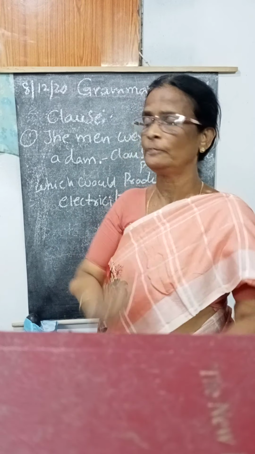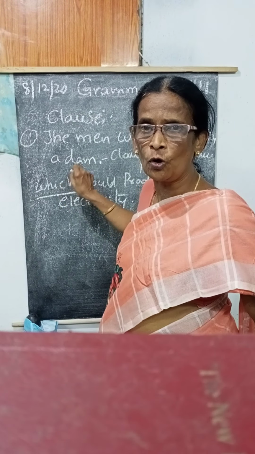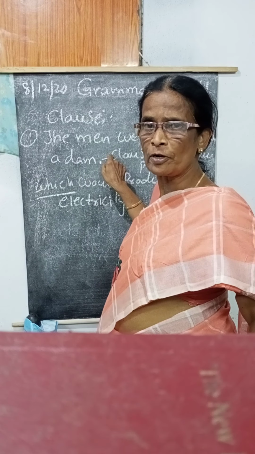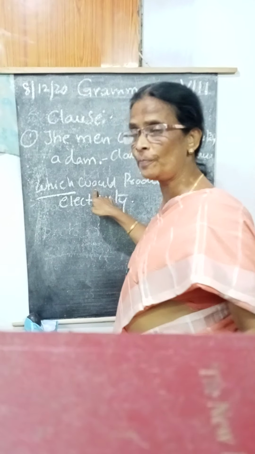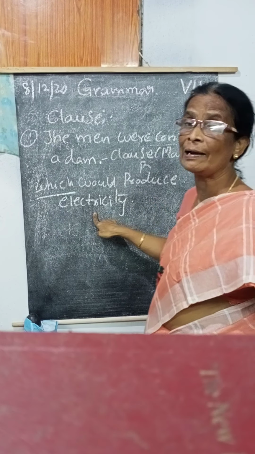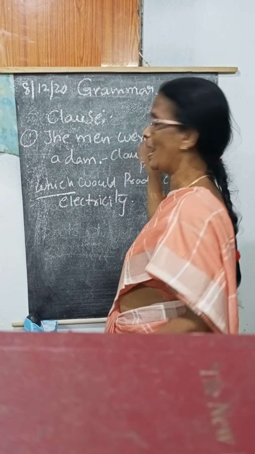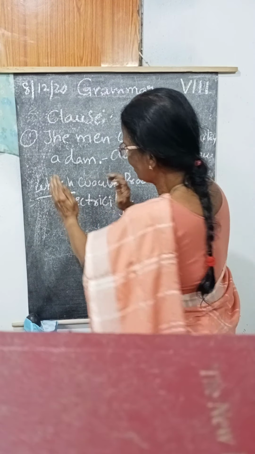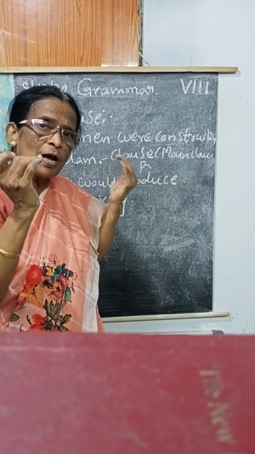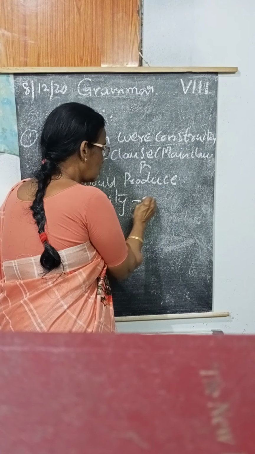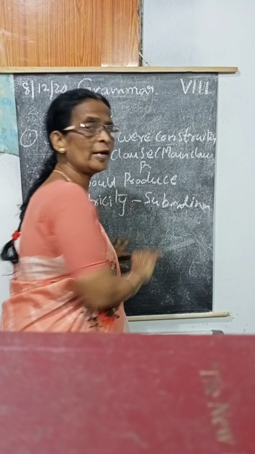Okay. Next one. Which would produce electricity. Which means dam. Whenever we say which would produce electricity, it won't give the full meaning. This is known as the subordinate clause.